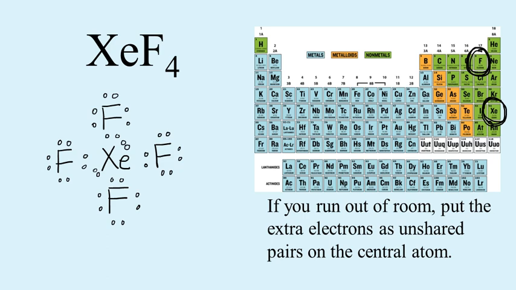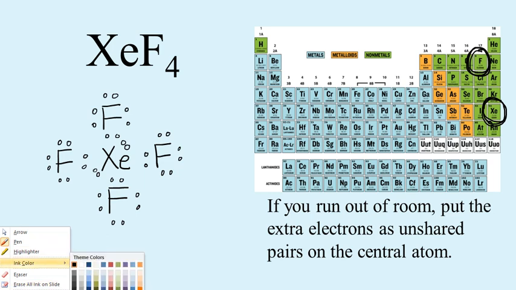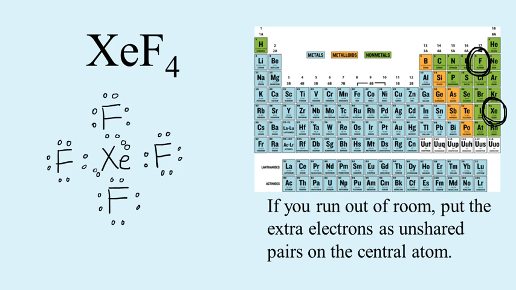And so if we look at what's shared and what's unshared here, you can see that we have 4 shared pairs right here. There's 1, 2, 3, and 4. And so the basic structure here, when we draw the electron dot structure, is going to be xenon bonded to these 4 atoms.